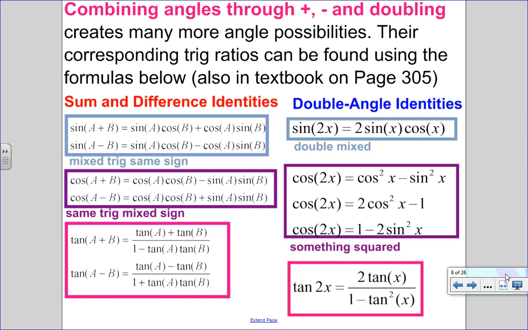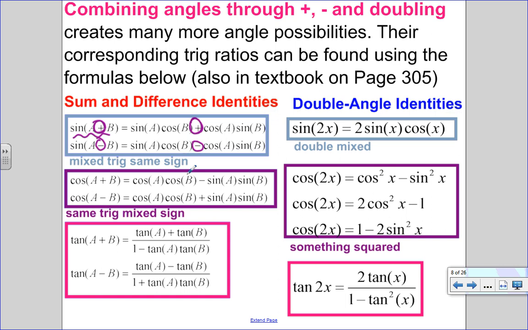If I'm looking at sine, angle sum and angle difference, look: sine A plus B, notice that it's plus and it's plus. But then there's a mixture of trigs. See angle A, angle B, you have sine, cos, and then cosine, sin. For subtracting, see it's subtracting, sine, cos, cosine, sin. So you have mixed trig, same sign. In other words, adding, adding, subtracting, subtracting.